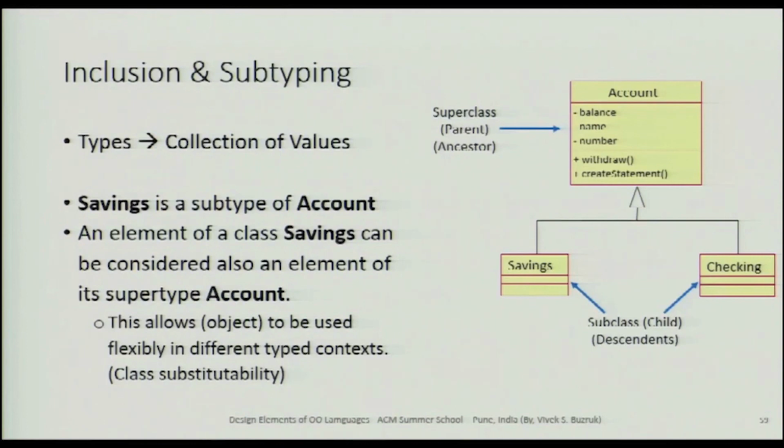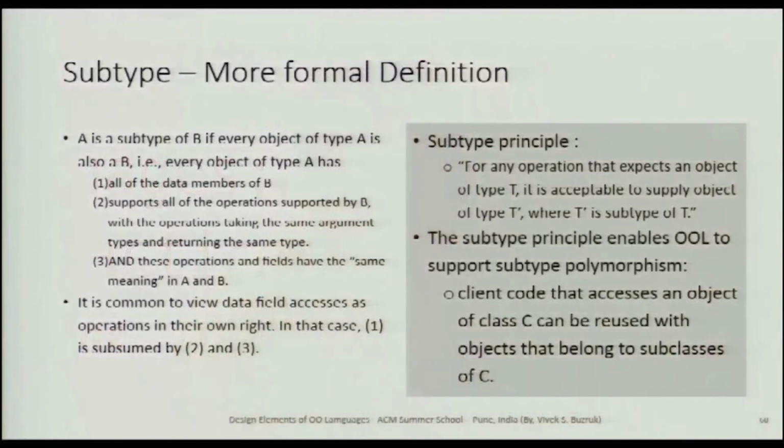Got it? That is very interesting. Whenever we talk about subtyping, the subtype relationship is very important, and there are certain restrictions in certain languages, and we will talk about that as we move ahead. So think about this problem, and we will come to the answer in 2 minutes.